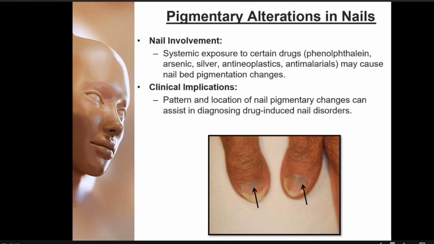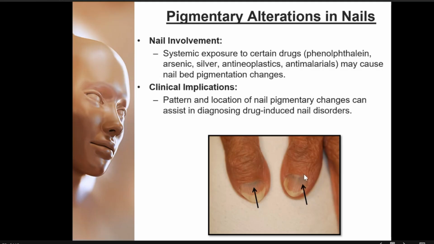Pigmentary alteration in the nail. Systemic exposure to certain drugs like phenolphthalein, arsenic, silver, anti-neoplastic and anti-malarial drugs may cause nail bed and pigmentary changes. So here you can see the pigmentary changes on the base of the nail.